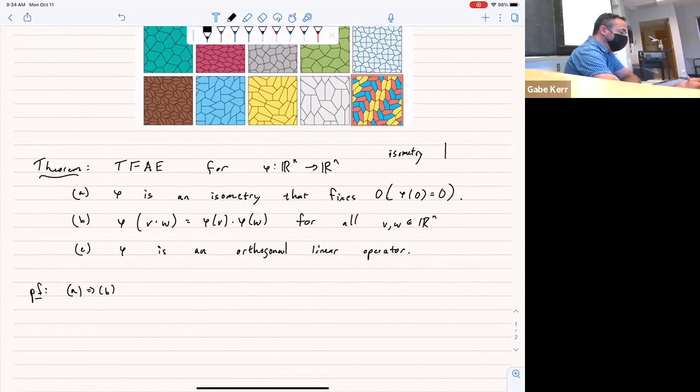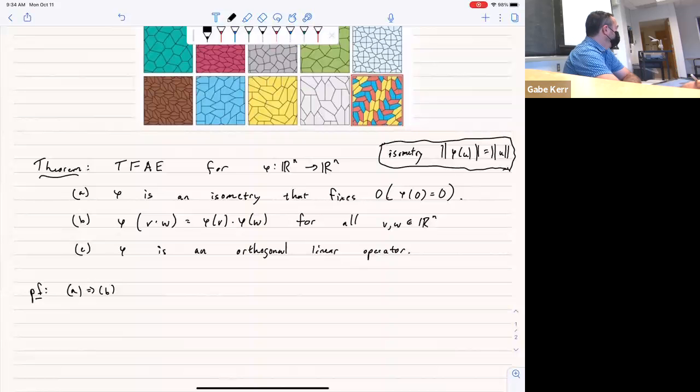The definition of isometry really is that the distance between two vectors is unchanged. In general, you just have that this is true for the difference of two vectors.